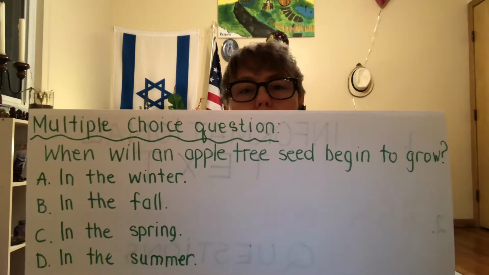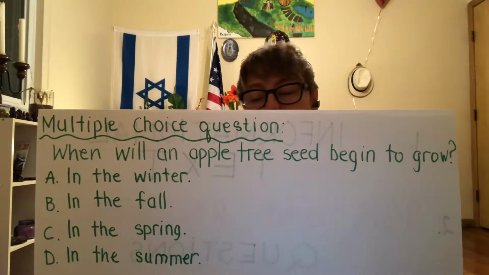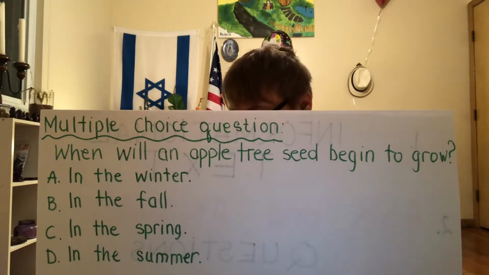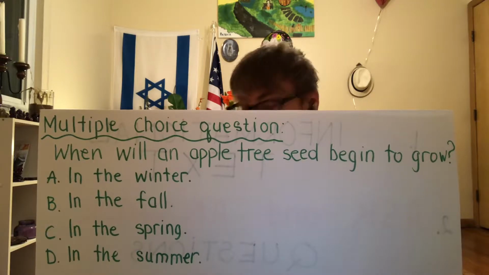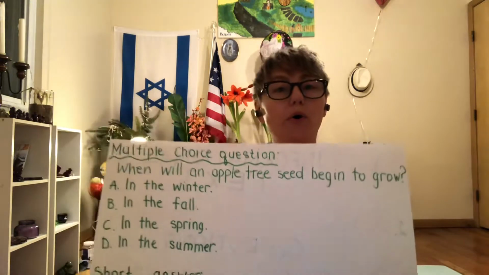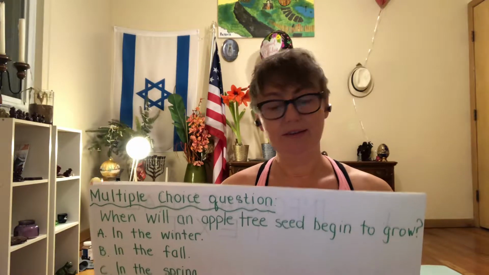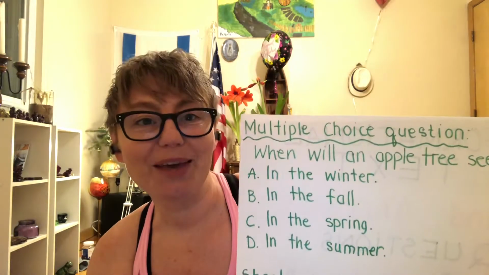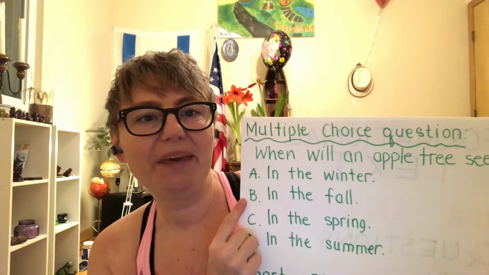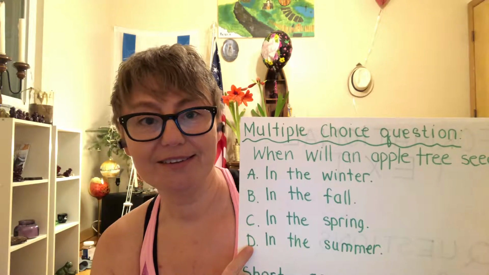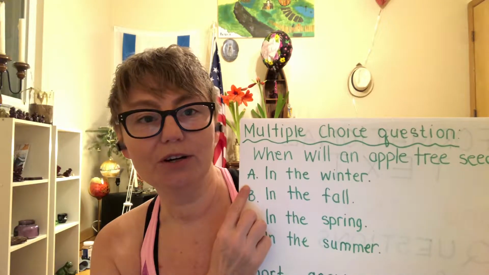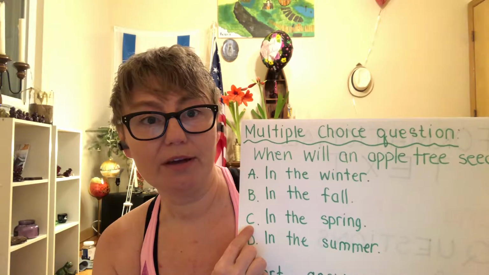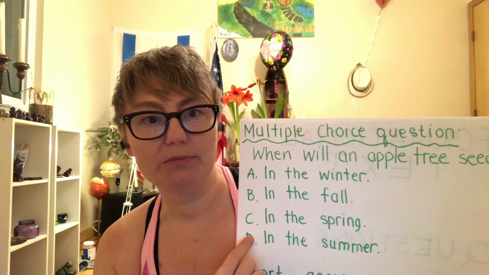A. In the winter, or B. In the fall, or maybe C. In the spring, or maybe D. In summer. So, what do you think? Is it A, B, C, or D?